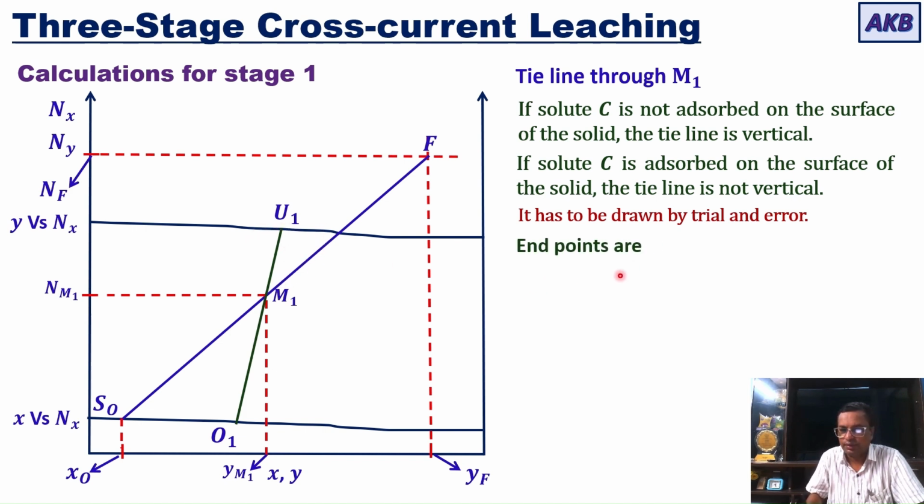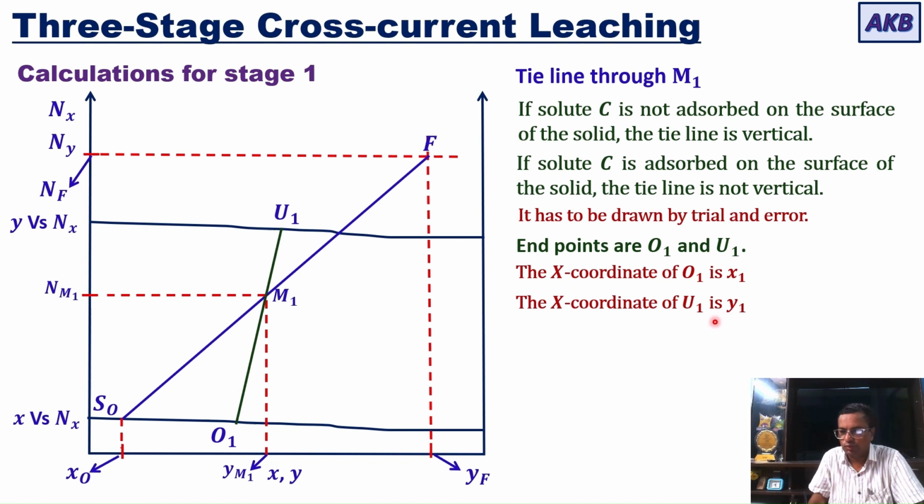The x coordinate of point O1 is x1, and the x coordinate of point U1 is y1.